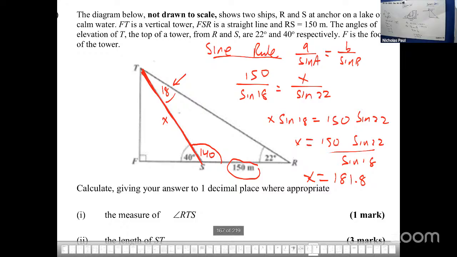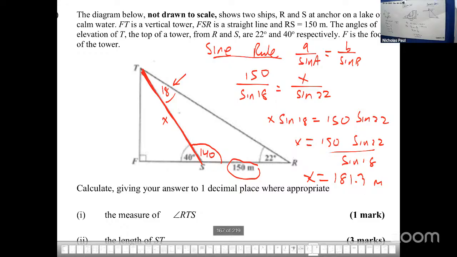Most times it's one decimal place, right? So 181.9. Any questions? It's 181.83, point eight three.